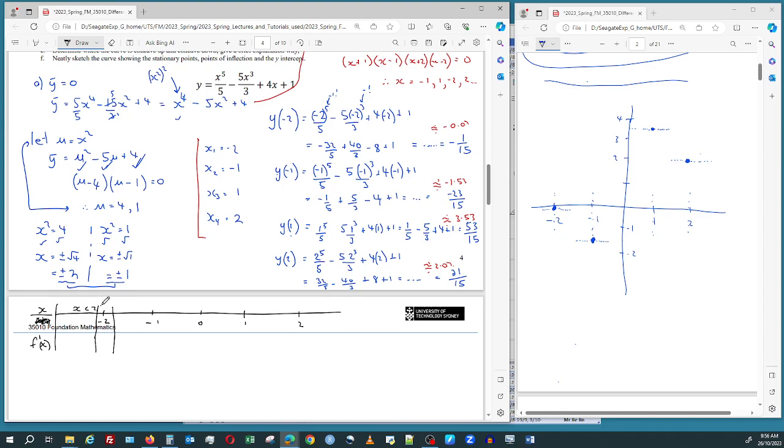Okay, x is equal to -2 there. X is in the interval of -2 to -1. But we also want to have a look at x equals -1. Then the interval -1 < x < 0.